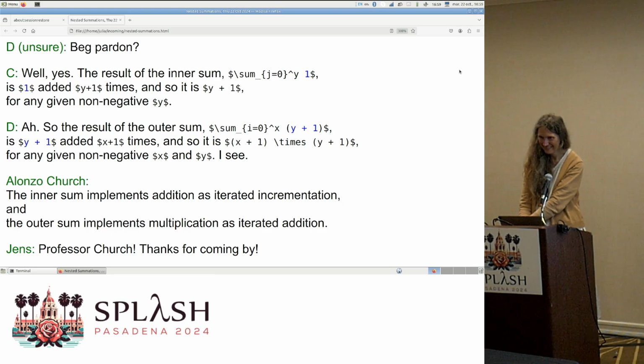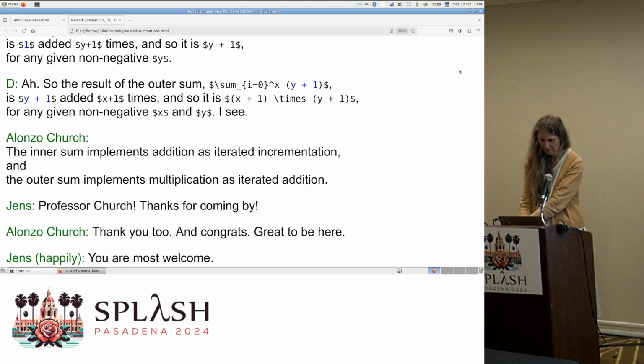Well, everyone can read the code. Is that 1? Is 1 added y plus 1 times? So it is y plus 1 for any given non-negative y.